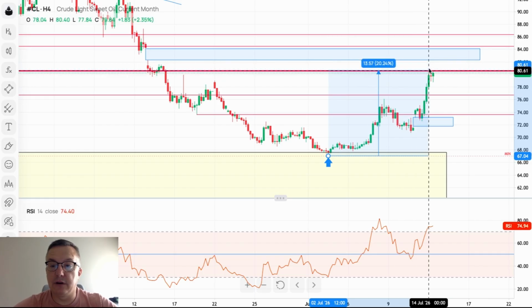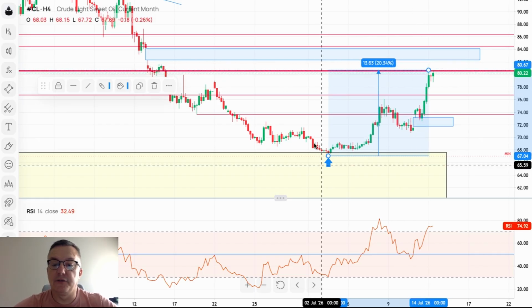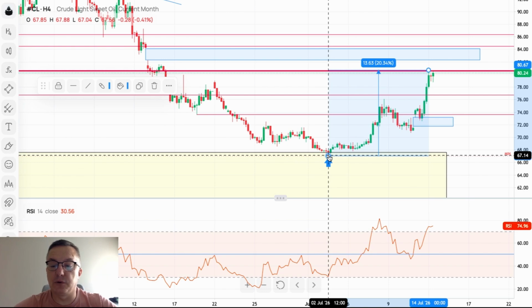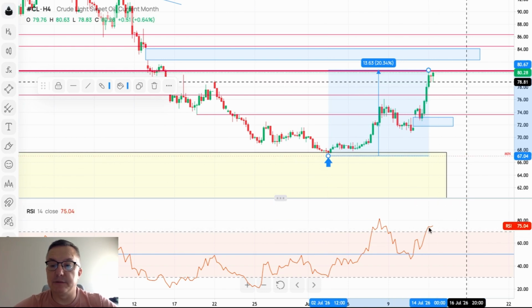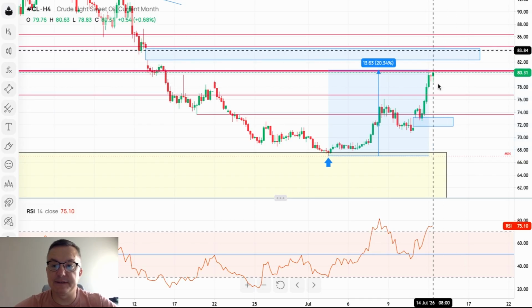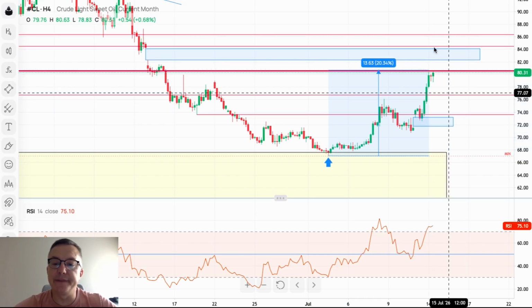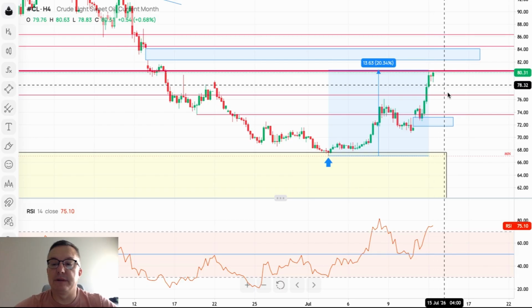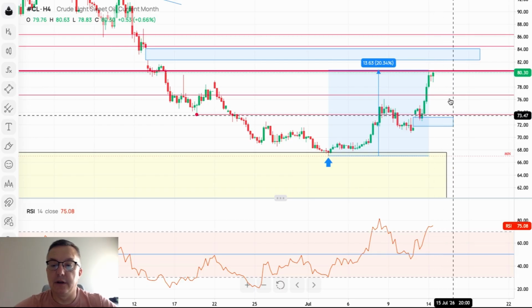For now, we've done something like 20% from the lows of 67.14, and the momentum is already at extremely overbought levels. So we might see some kind of a spike to the upside, and then when the gap is filled, we might see another movement lower.